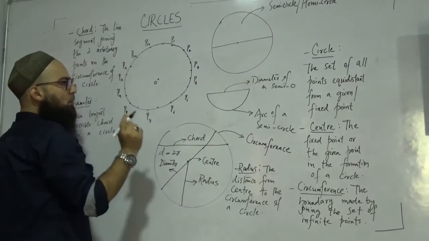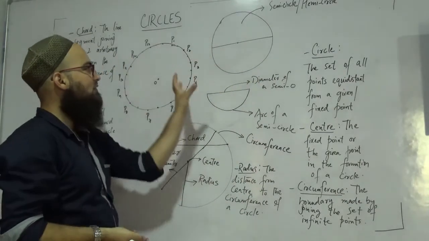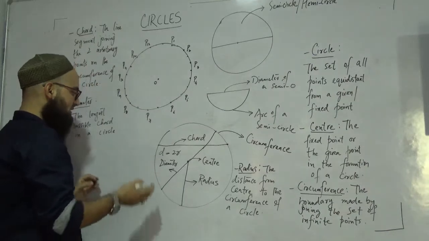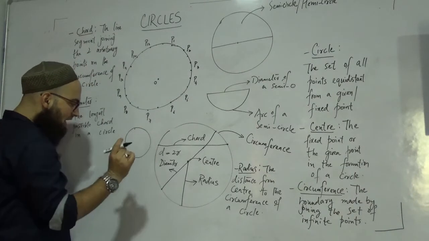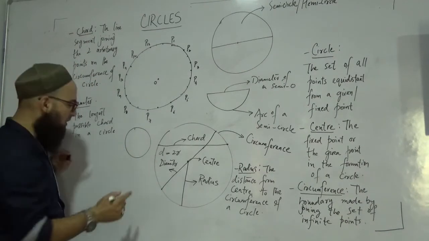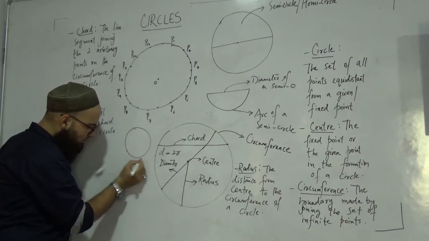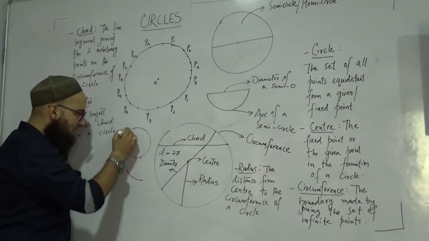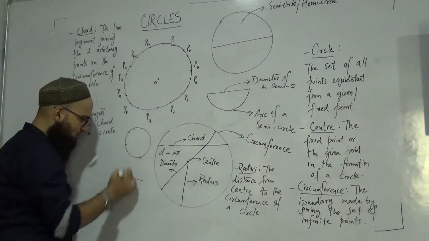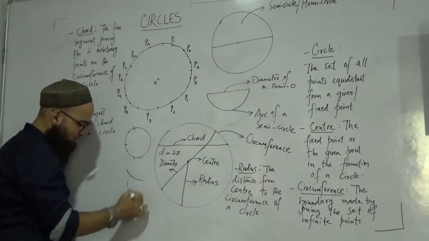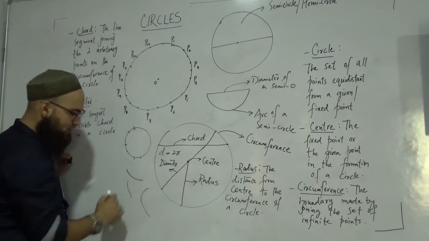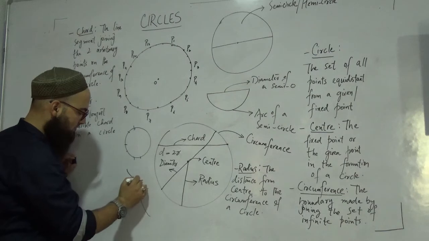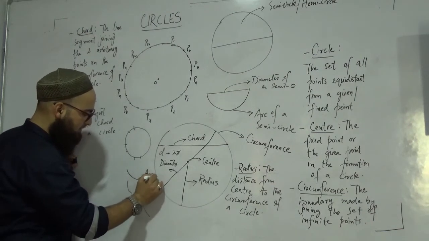If you cut a portion of the circumference of a circle, whether big or small, any portion, you get something like this. All these portions are called arcs.